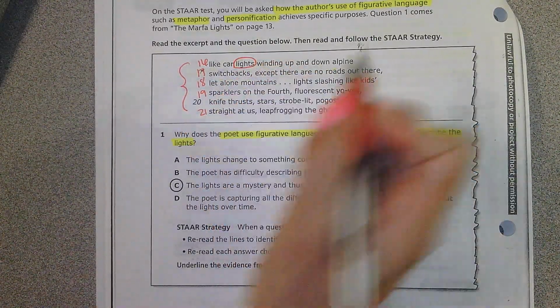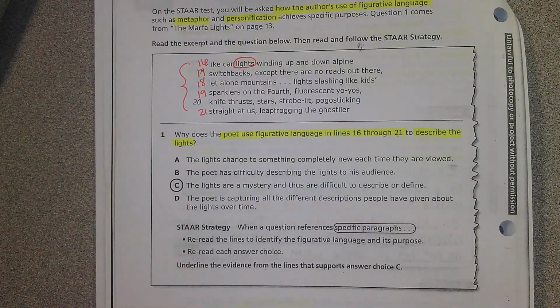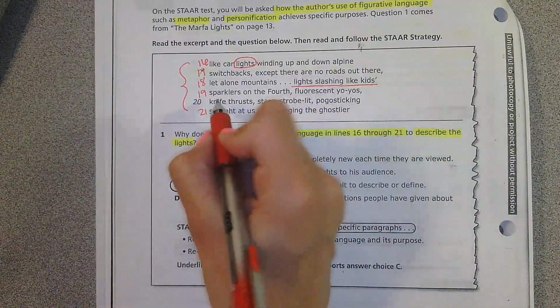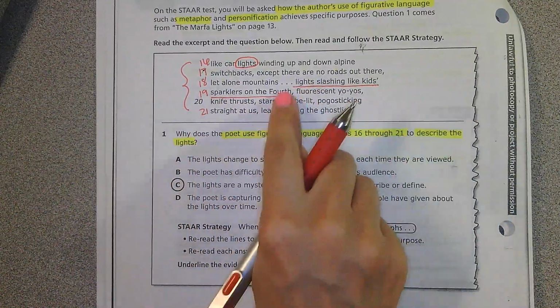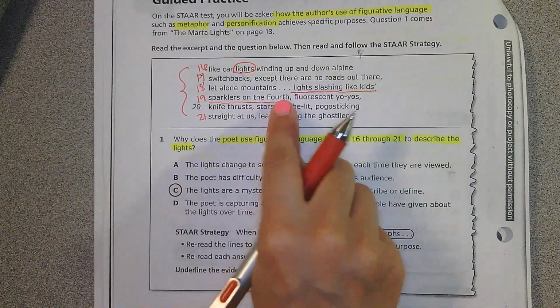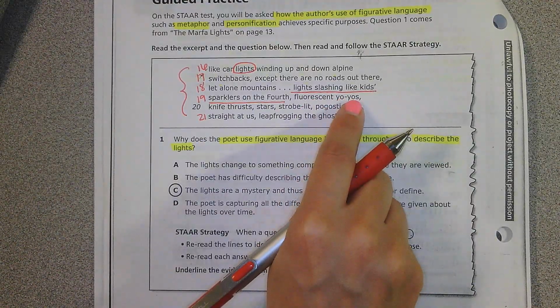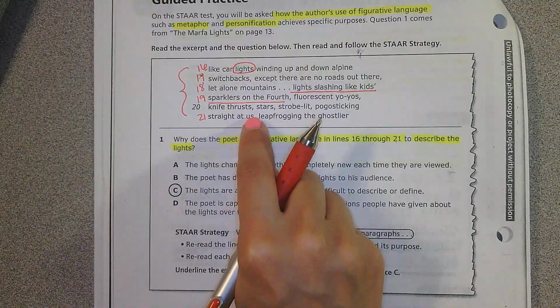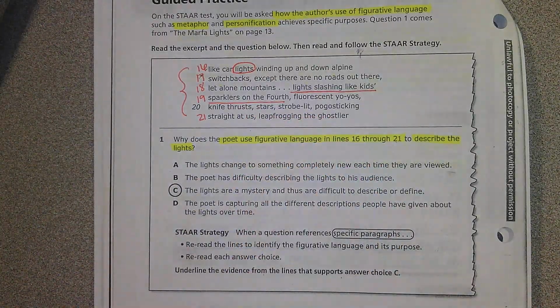Like car lights winding up and down Alpine switchbacks, except there are no roads out there, let alone mountains. Lights slashing like kids' sparklers on the 4th, they mean the 4th of July. Fluorescent yo-yos, knife-thrust stars, strobe-lit, pogo-sticking straight at us, leapfrogging the ghostlier.